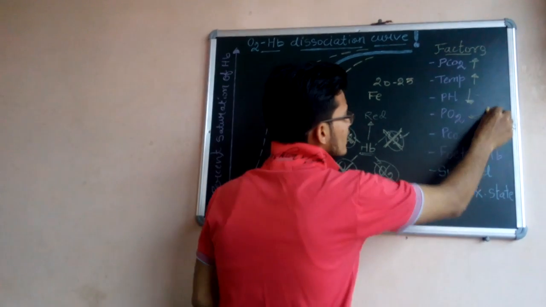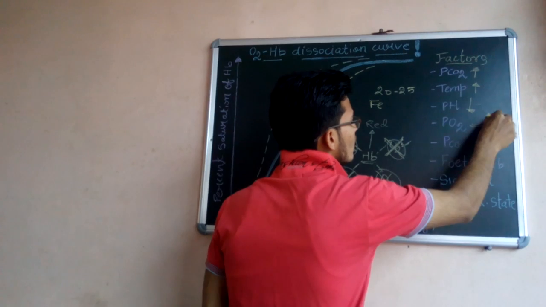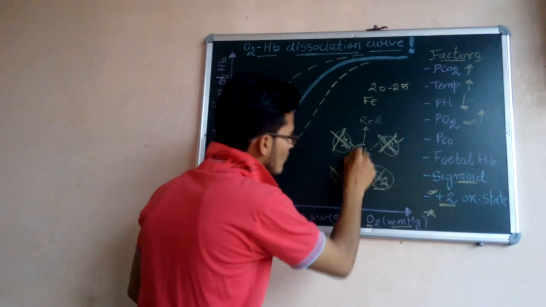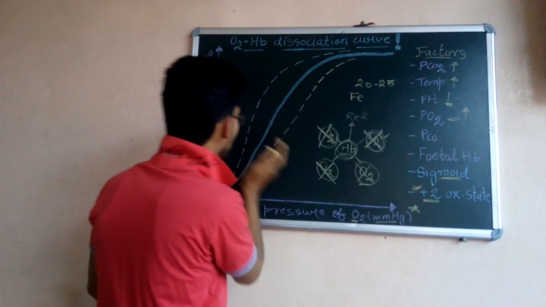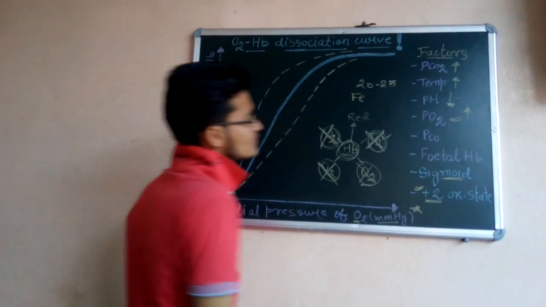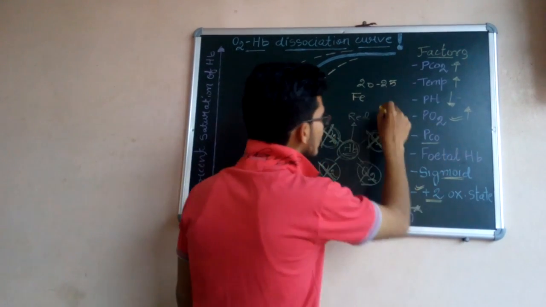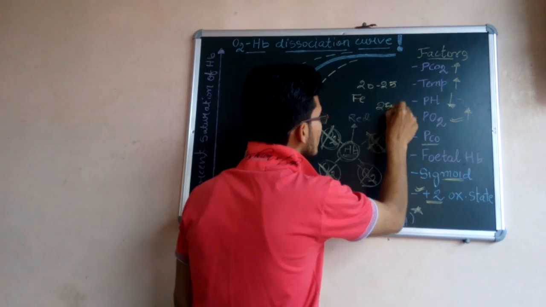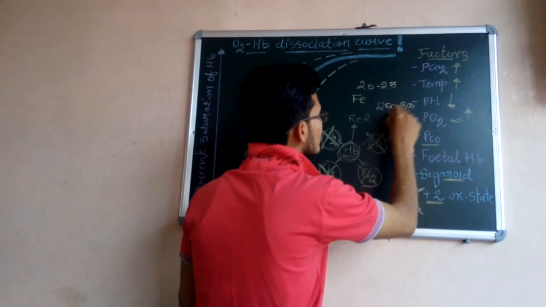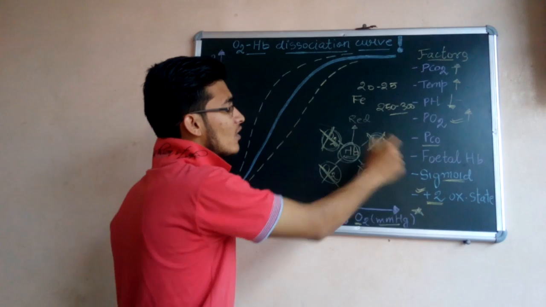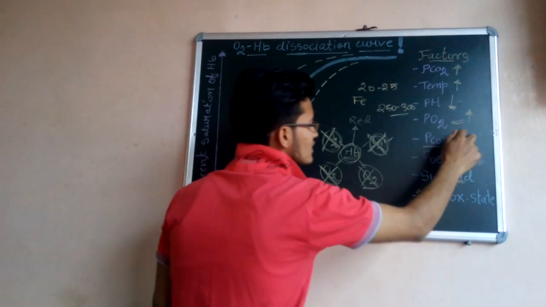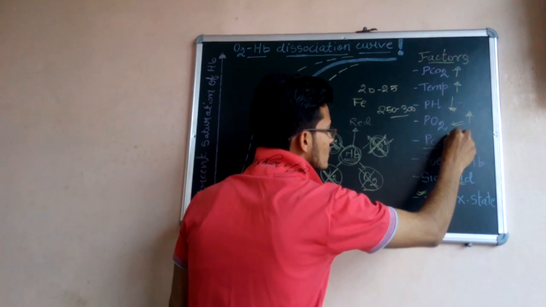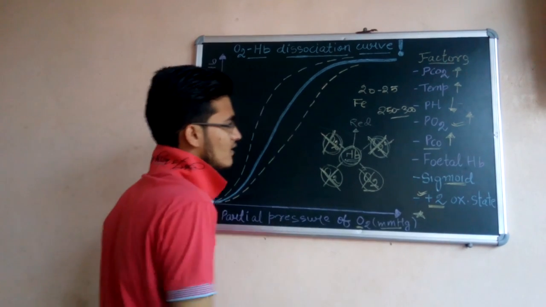So when we increase O2, more Hb molecules get saturated with O2, so the graph will turn to left. PCO: we know that CO has 250 to 300 times binding capacity than oxygen with hemoglobin. So when we increase the amount of PCO, the graph will turn right.